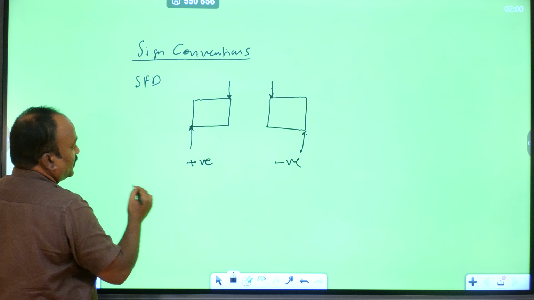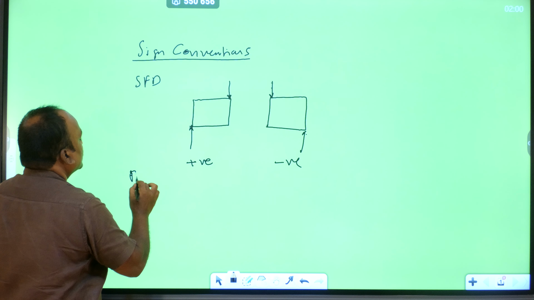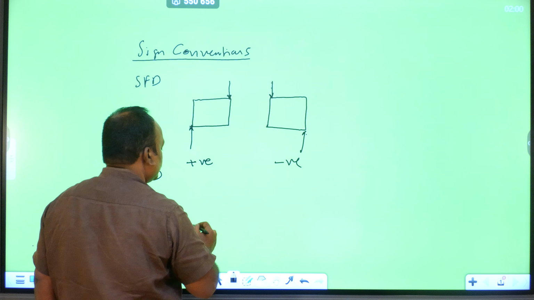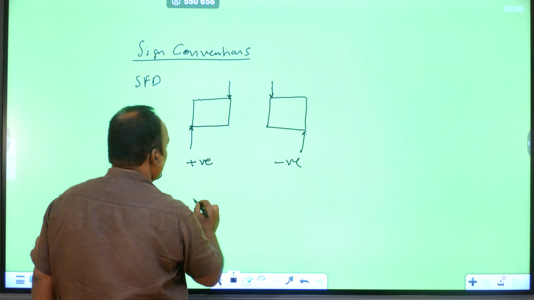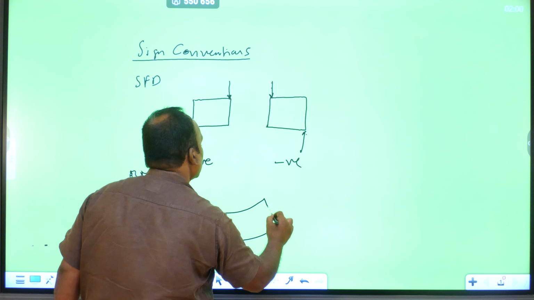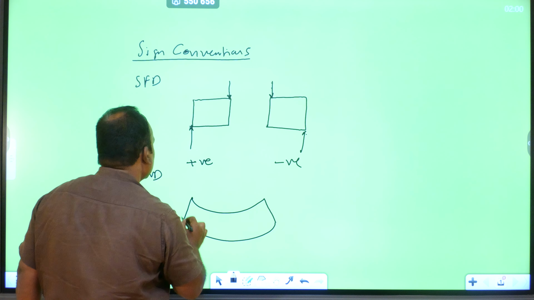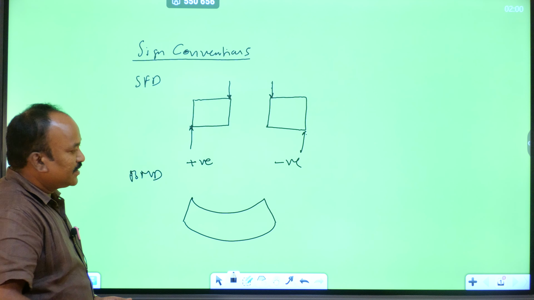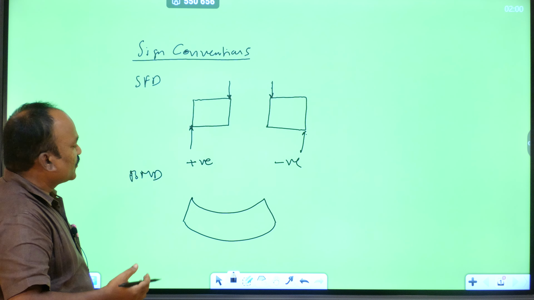Sign conventions for bending moments. So the bending moment is, the beam has curvature. This curvature is upper curvature, lower curvature.